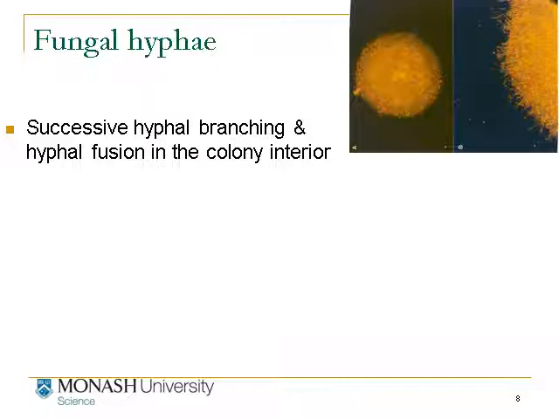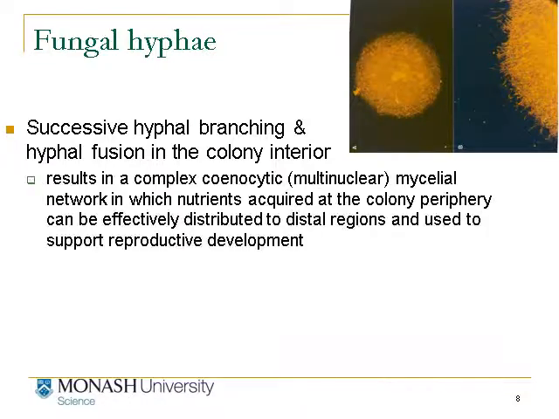Successive hyphae branching and hyphae fusion can occur in the interior of the colony and become dense in the middle, and this results in a complex syncytial multicellular network in which nutrients acquired at the colony periphery can be effectively distributed to the distal regions and used to support reproductive development.